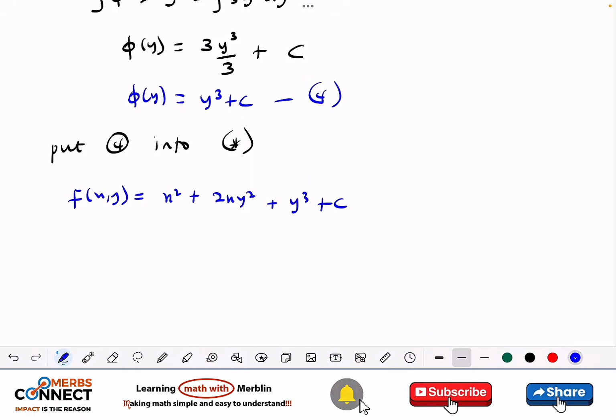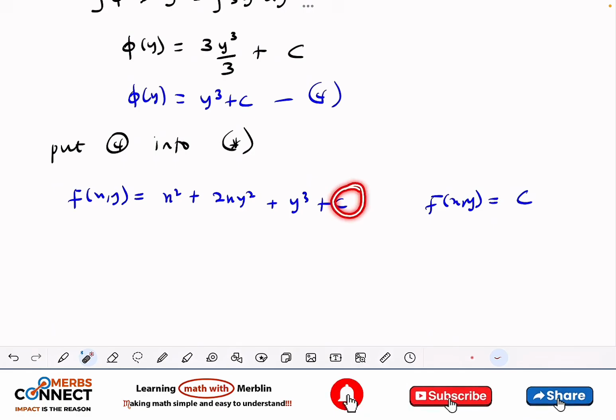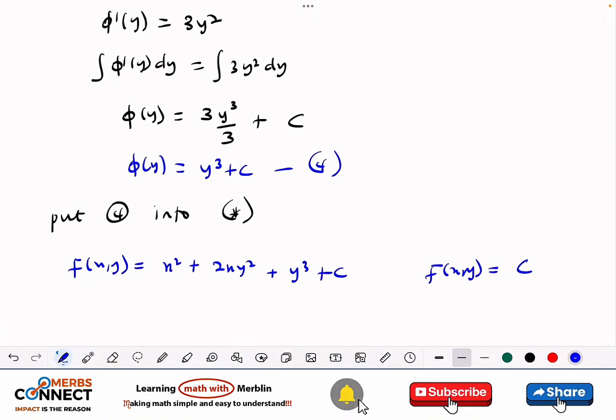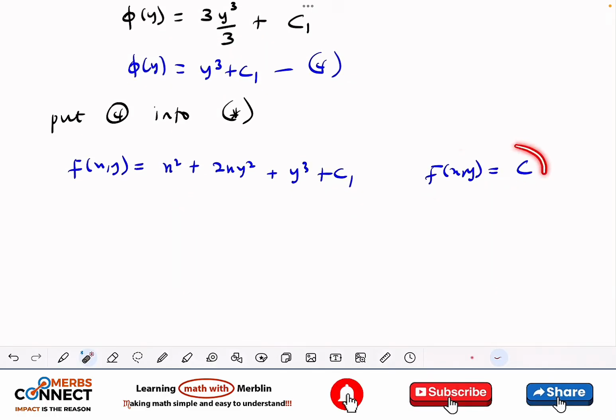Wow. Now remember we made mention of something, that big F of x, y under exact differential equation is actually a constant, c. But we've made use of this c here, so we cannot use another c. So we can make this one c1 so that we can maintain our c here.